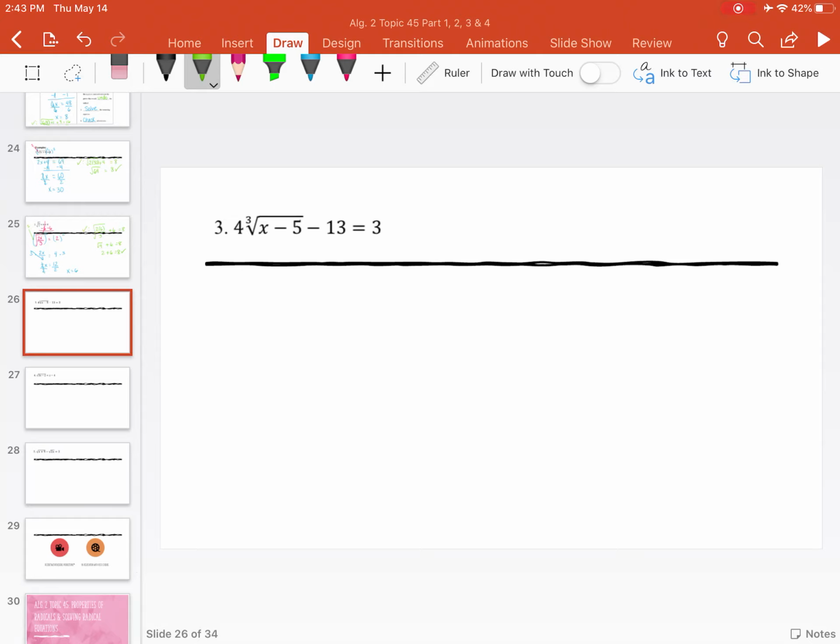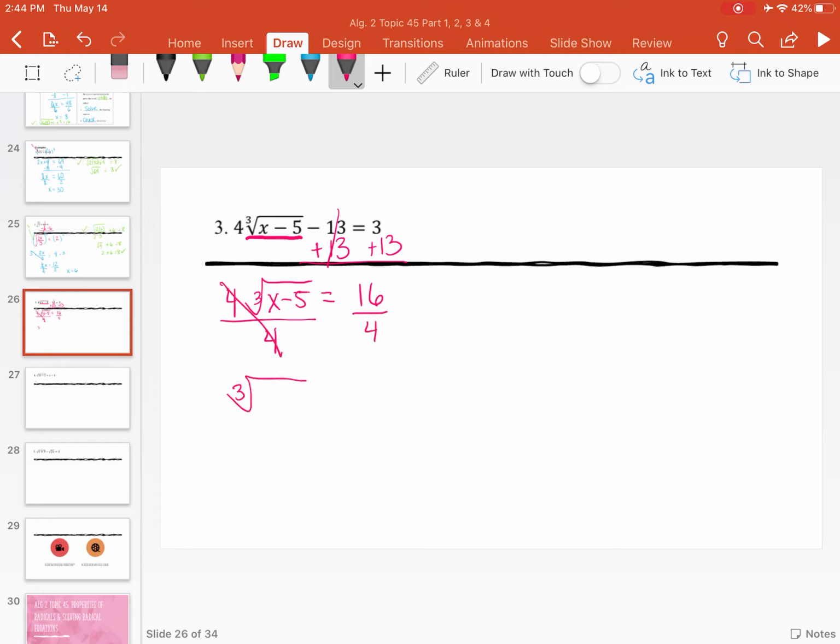Next example. 4 times the cube root of x minus 5, minus 13 equals 3. Just like we would have a two-step equation if this entire quantity was just a variable, like what we want to isolate, we're going to first add 13 to both sides. So 4 times the cube root of x minus 5 equals 16. Divide both sides by 4.